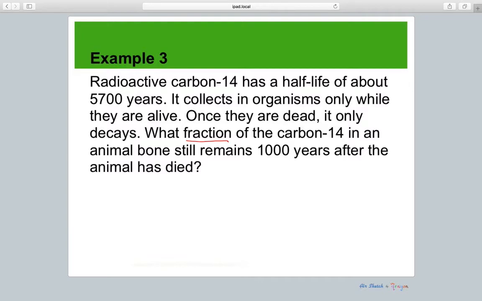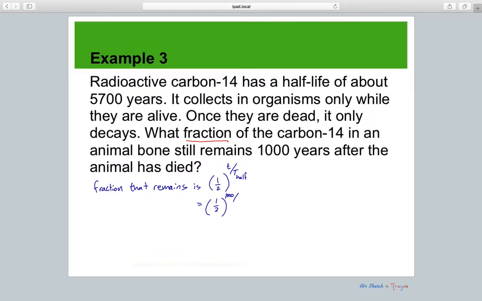All right, so the fraction that remains is 1/2 to the power of the time over the halving time. We're talking about a time frame of 1,000 years over the halving time.